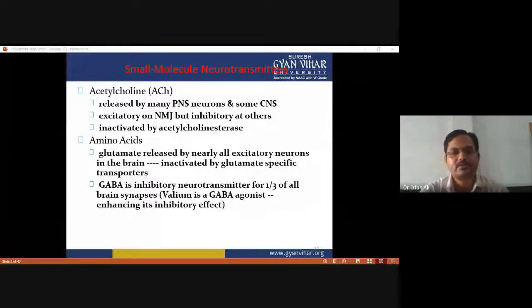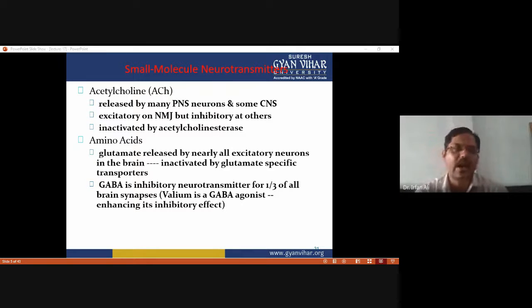As we have to discuss, small molecules act as neurotransmitters, and one of these is acetylcholine. Acetylcholine is a neurotransmitter released by the peripheral nervous system, and some neurons in the central nervous system also release acetylcholine.